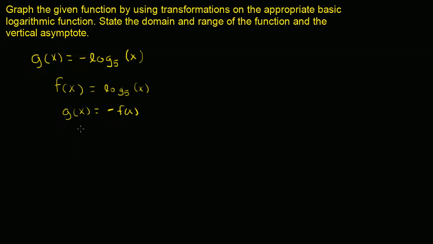So that's a flip over the x-axis, right? Because if y used to be positive, now it's going to be negative. Okay, so let's start thinking about this graph of f, and then we'll use transformations to get the graph of g.